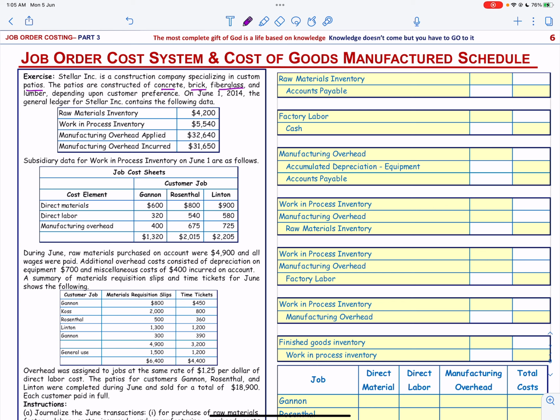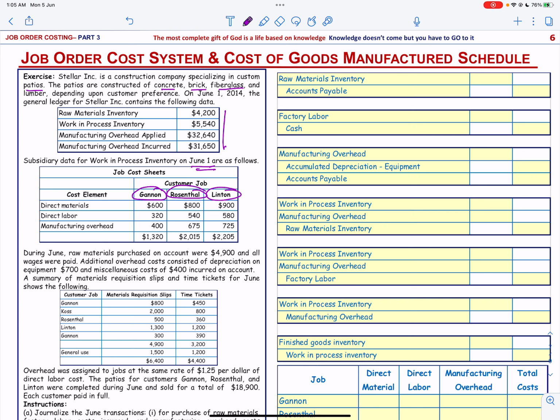On June 1st, 2014, we have the general ledger for Stellar, and we have the information as follows. Then we have the subsidiary data for work in process on June 1st. We have the cost for the three different customers, Gannon, Rosenthal, and Linton.